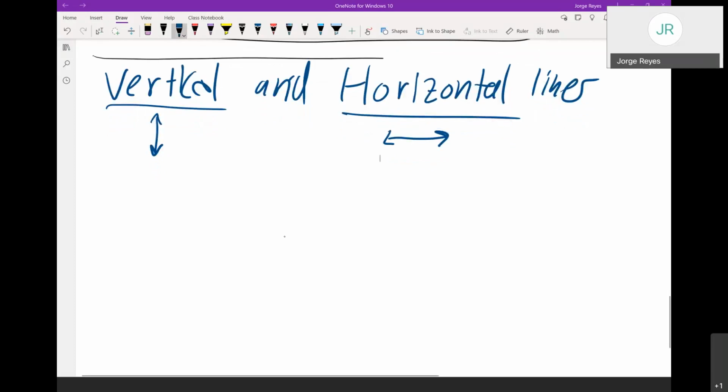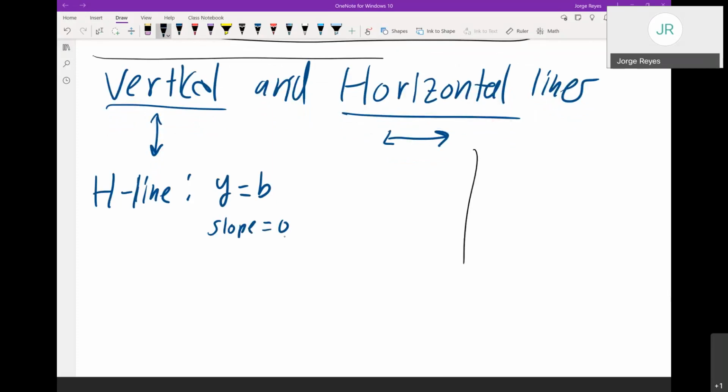So horizontal lines look like this, y equals b. And if you look at that, it's just the slope equals 0. Let me just graph a couple. Y equals 1.